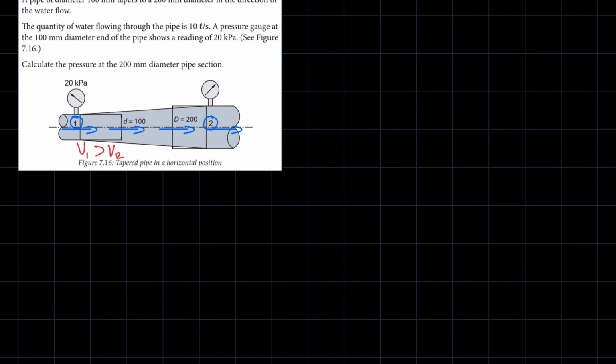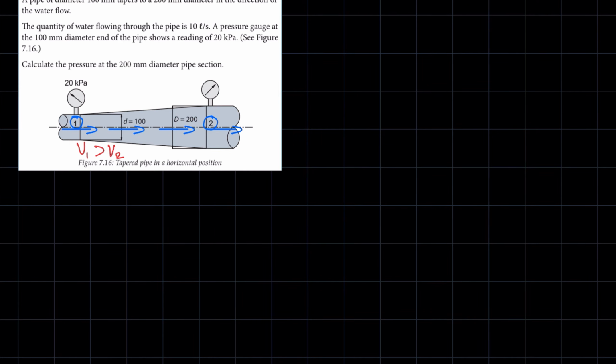So Bernoulli's theorem states that for horizontal pipes, or for a medium that is horizontal, because this doesn't just apply to pipes only, as the velocity of the fluid increases, the pressure within the fluid decreases.